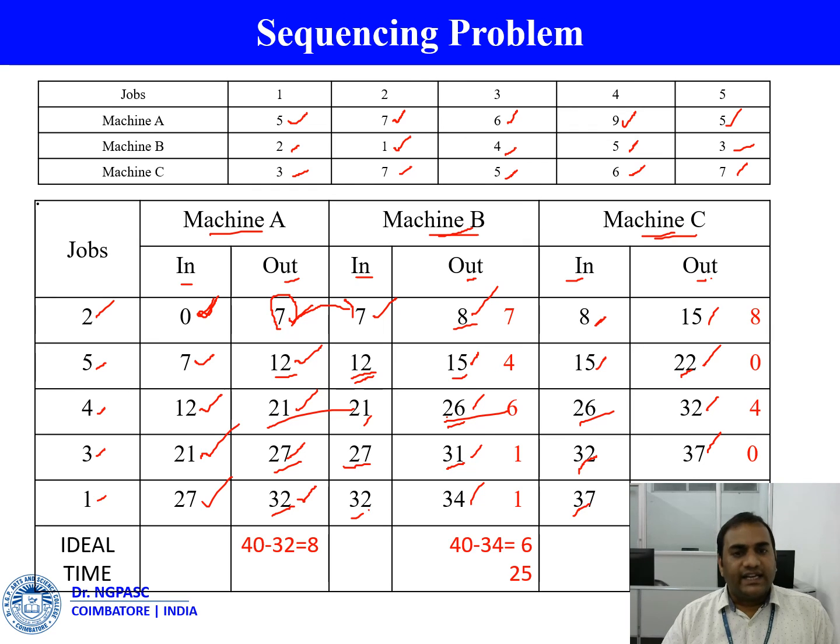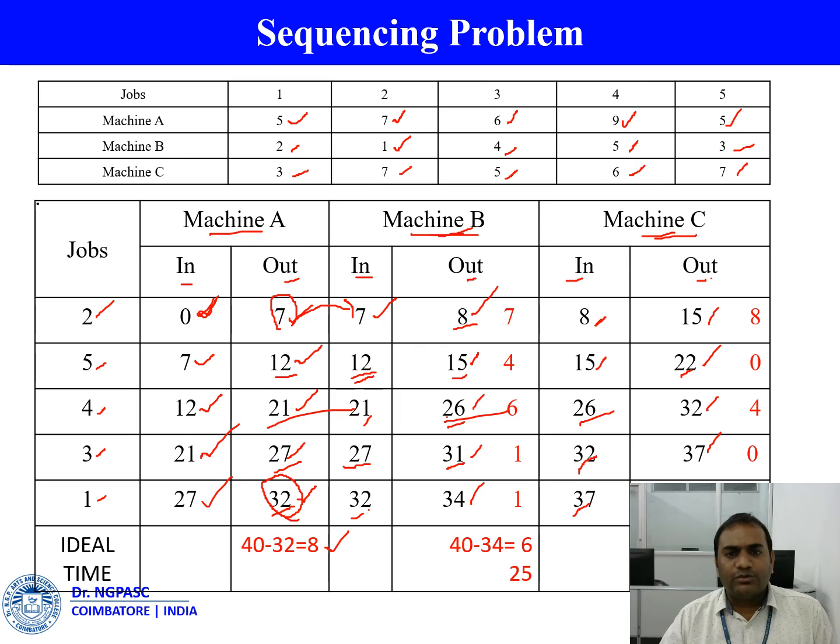Next we identify the idle time for machine A, machine B and machine C. Here the idle time for machine A is the total elapsed time 40 minus the output value of machine A in the last job. So 40 minus 32 is 8.